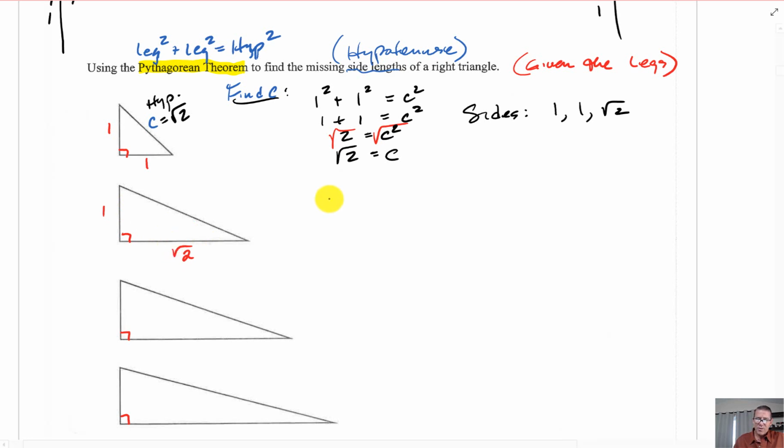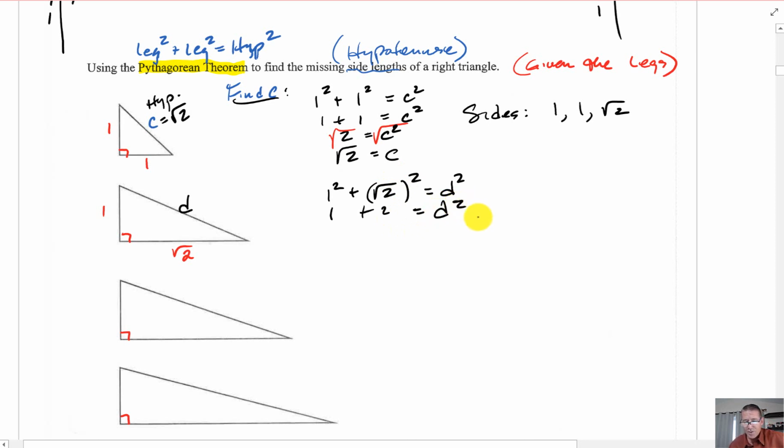All right, here we go. Let's take 1 squared plus root 2 squared. In fact, instead of calling this c, let's call it d. So 1 squared plus root 2 squared is equal to d squared. You get 1 plus 2, since the square of root 2 is just 2, is equal to d squared, and that gives you 3 is equal to d squared.